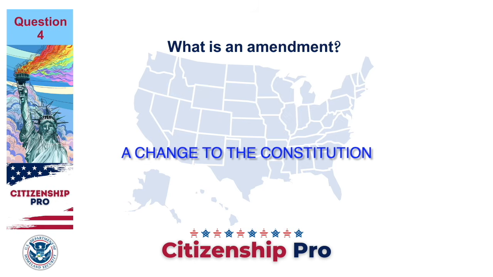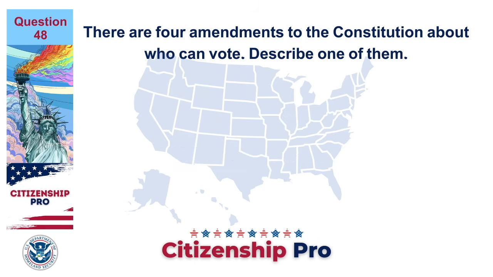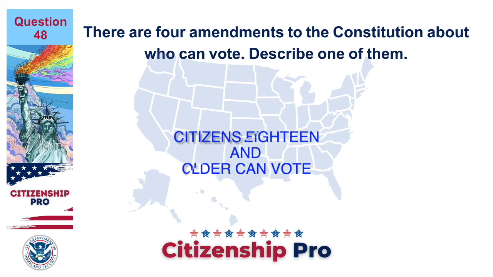A change to the Constitution. There are 4 amendments to the Constitution about who can vote. Describe one of them. Citizens 18 and older can vote.